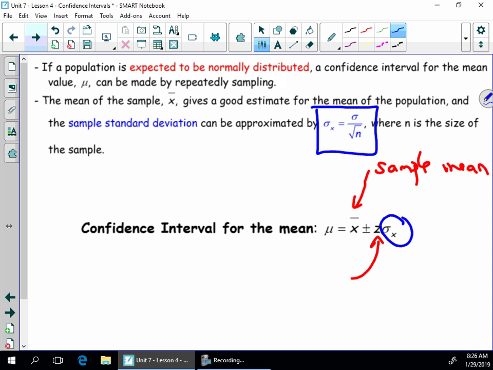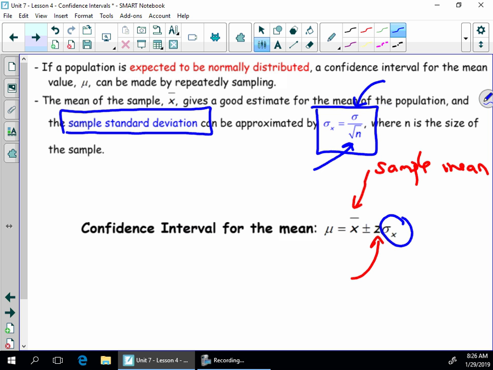So I have to find a sample standard deviation. What I do is take my standard deviation, sigma, and divide it by the root of the number of people I talk to. So it's going to make the standard deviation actually change.